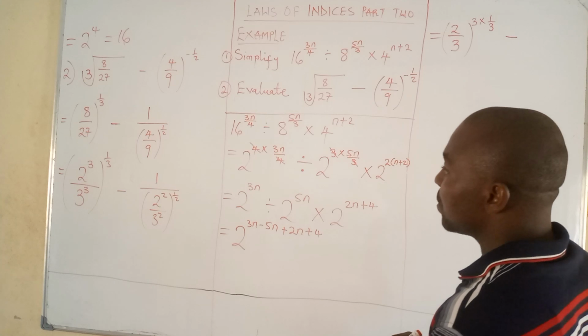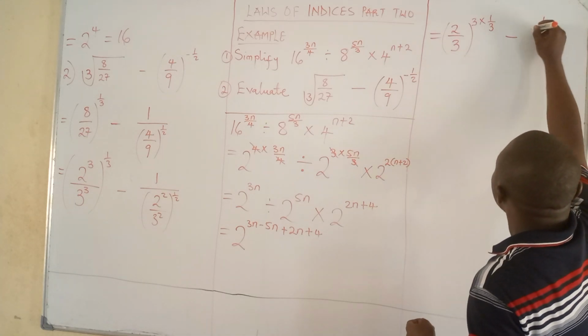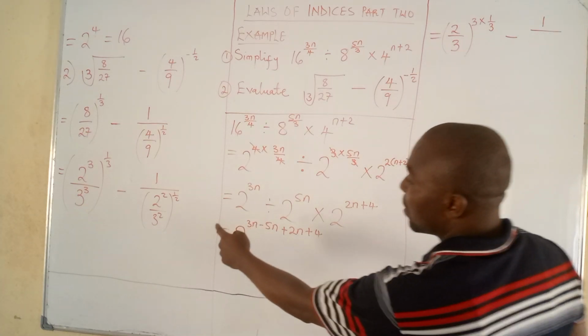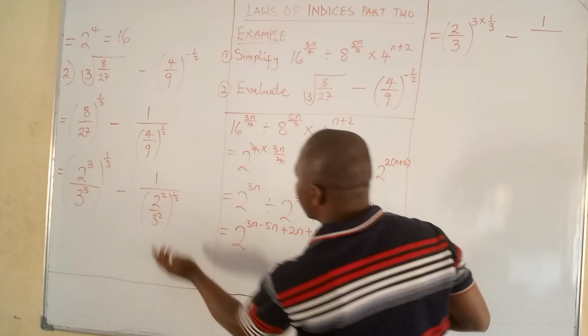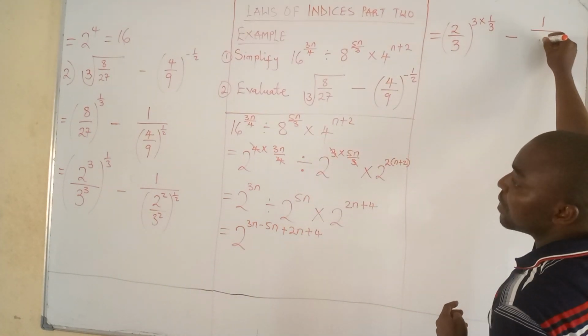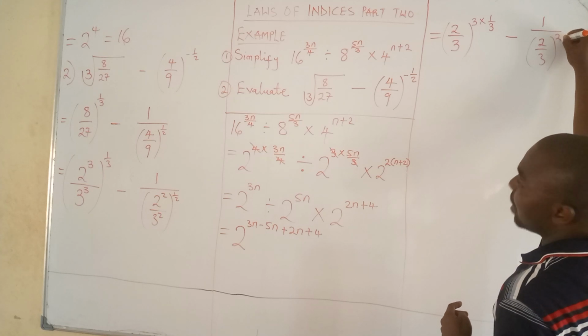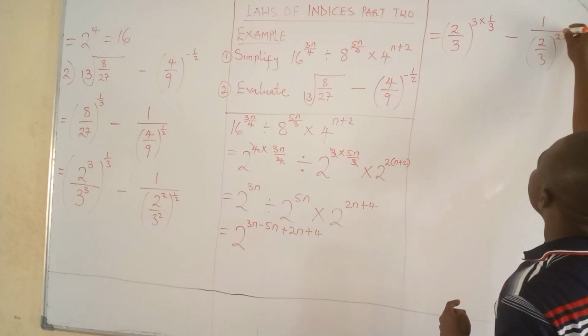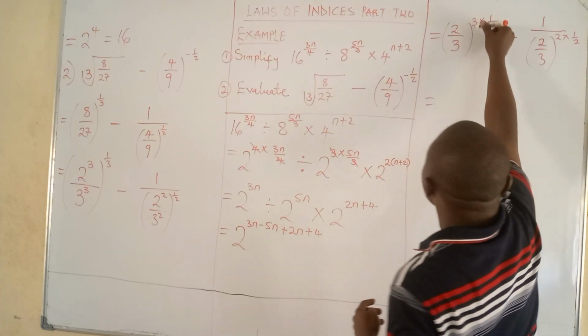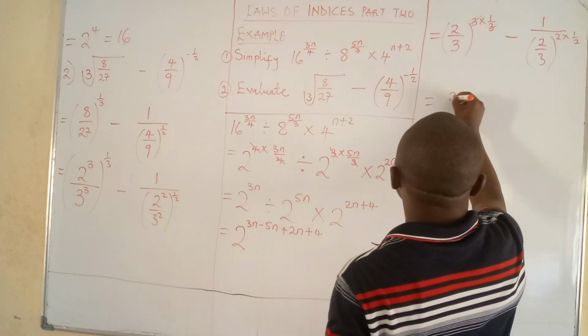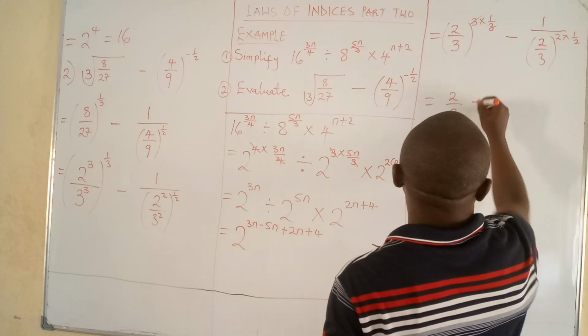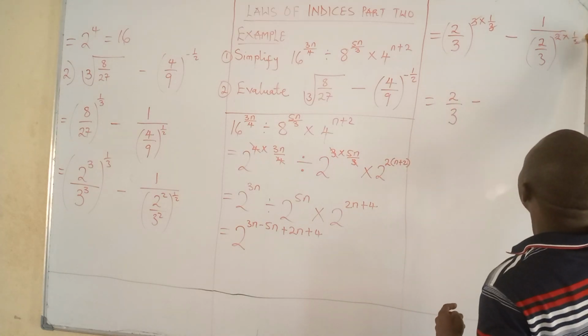Minus, the same thing with that, 1 all over. There is power 2 here, there is power 2 here. I can take it outside to have 2 over 3. The power 2 that I took out times power 1 over 2. This will cancel this and we are left with 2 over 3 minus this will cancel this.